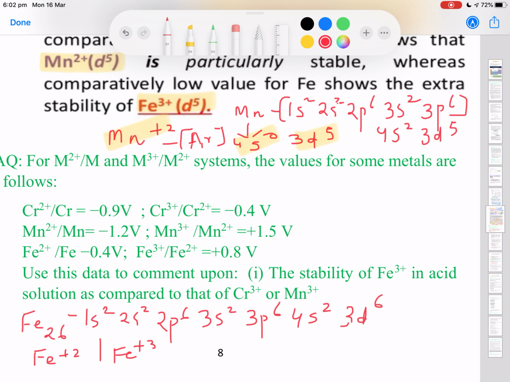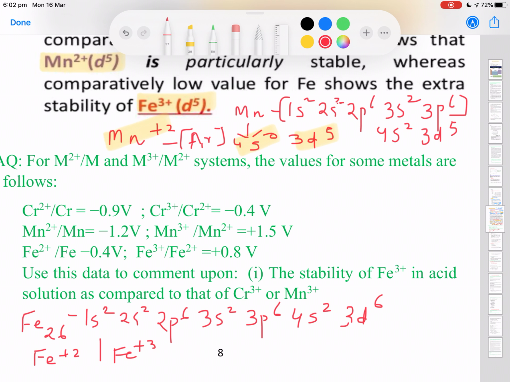So I have to make a choice between ferrous and ferric state. Tell me, what according to you should be the answer if I ask you which state of iron is more stable? Just 1 second time to think. So here we go. Yes, the answer is right. It's ferric. Okay, why ferric?